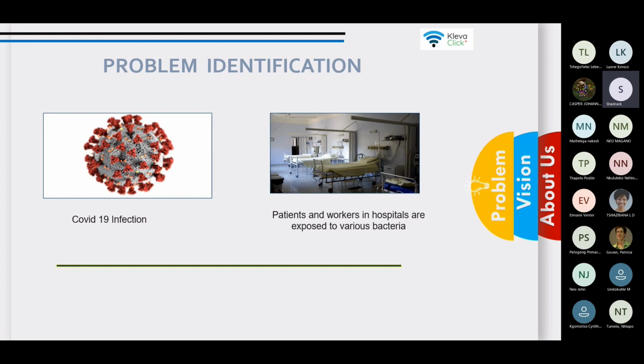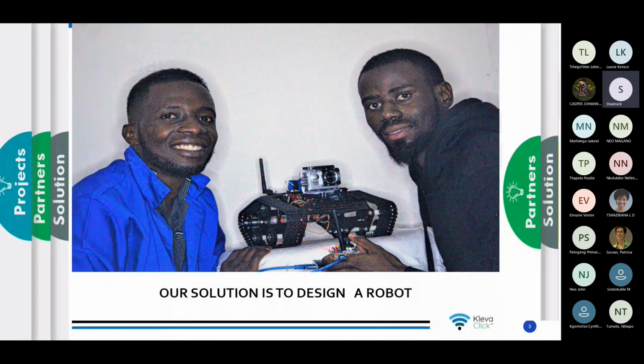So we decided to conduct some deep research and see what our contribution to the world could be regarding the COVID-19 pandemic. Therefore, we came up with an idea to develop a UV robot.